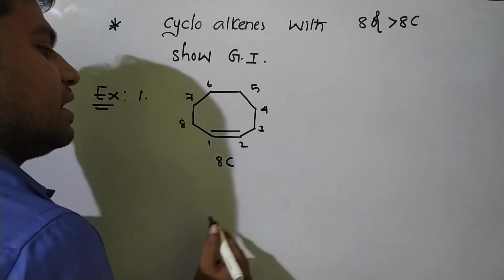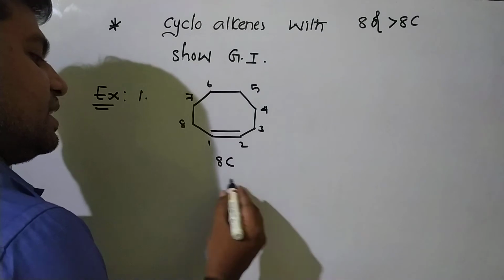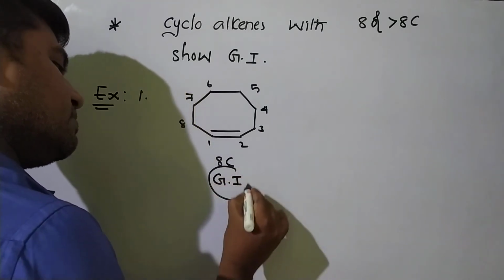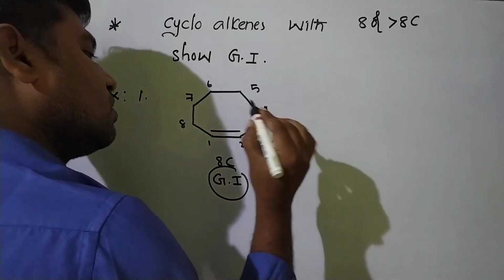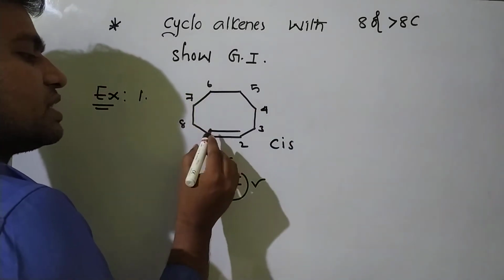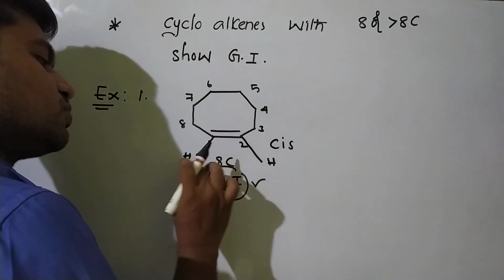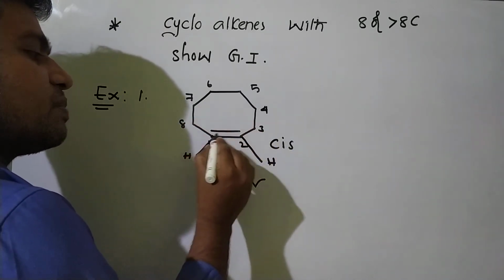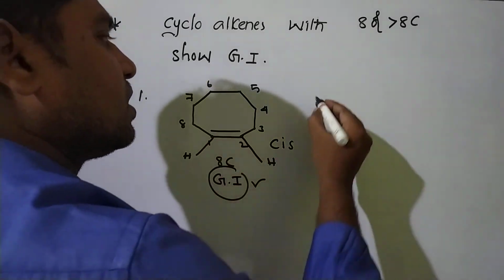So definitely it will exhibit geometrical isomerism. This is the cis isomer. Why? Because these two hydrogen atoms are on one side with respect to this carbon-carbon double bond. So definitely this is the cis isomer.